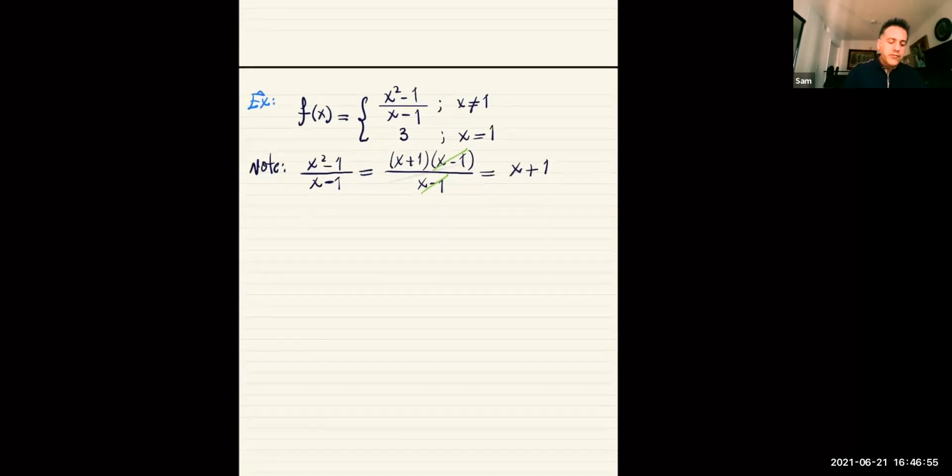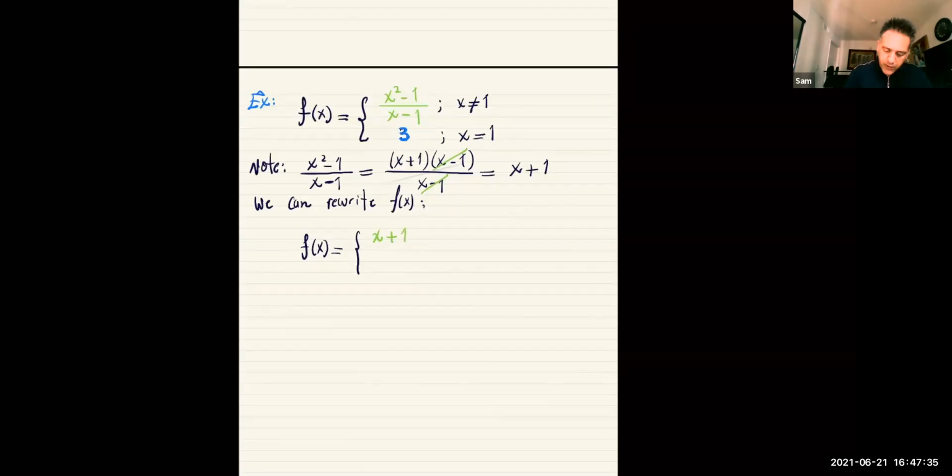So we can rewrite f of x. Let me color code these: the top piece in green, and the bottom piece in blue. The green piece is now just x plus 1.